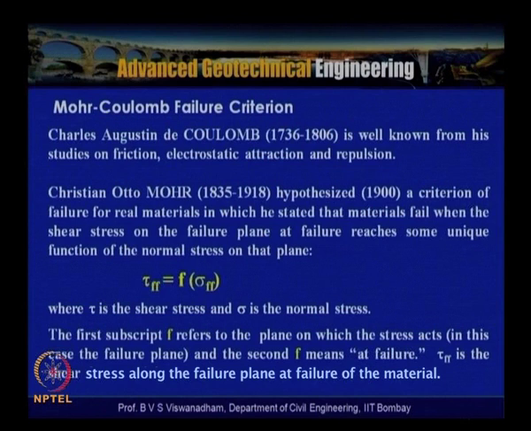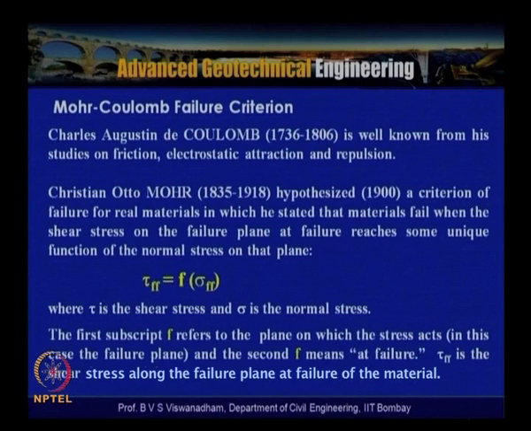So, Mohr's hypothesis states that tau suffix ff is equal to a function of sigma suffix ff. Now, if you see the two f's, the two suffixes: tau is the shear stress, sigma is the normal stress. The first subscript f refers to the plane on which the stress acts, in this case the failure plane, the stress acting along the failure plane.